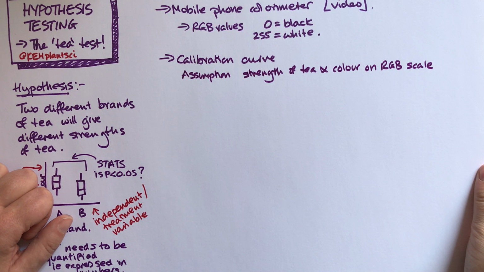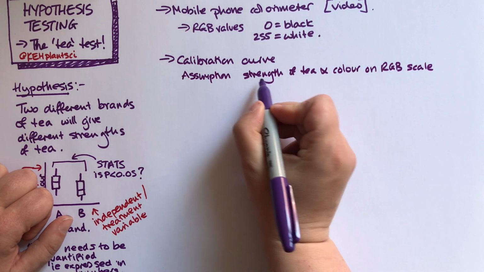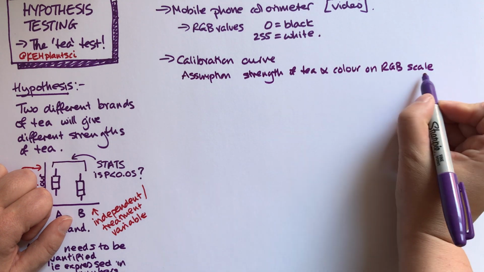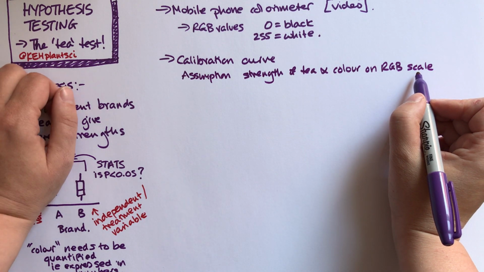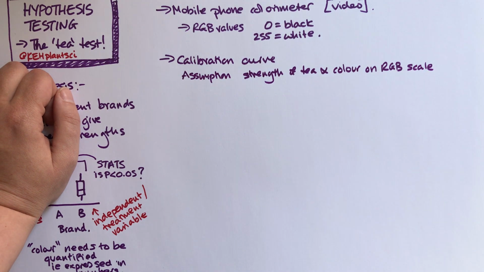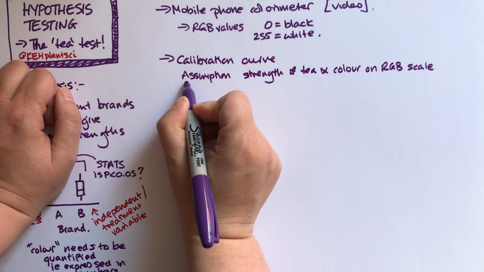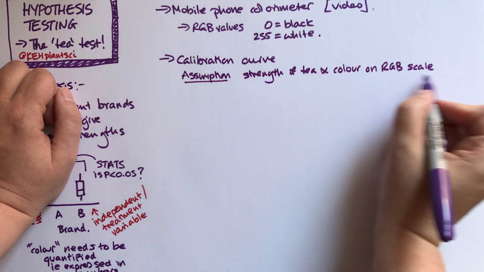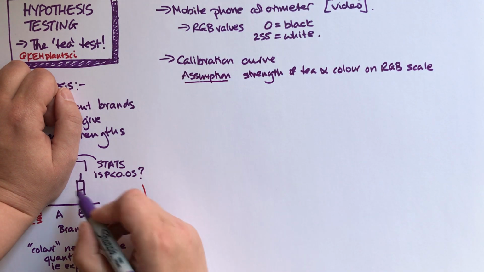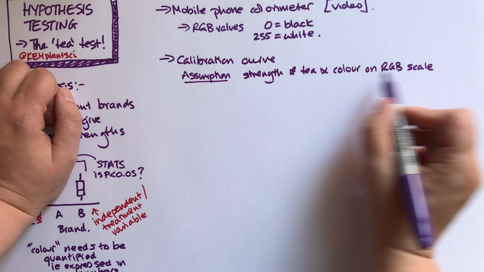We're hoping that there's a relationship between the strength of the cup of tea and the colour that we can detect in the colorimeter setup. We need to actually test this assumption first, because if it is not true, then we're not going to be able to measure the difference between A and B at all. We need to make sure that this is true.